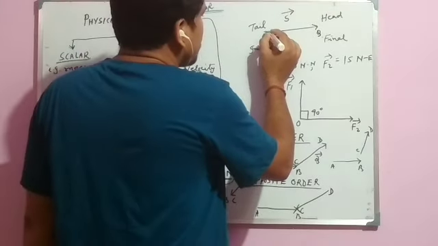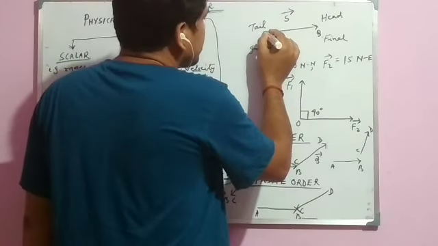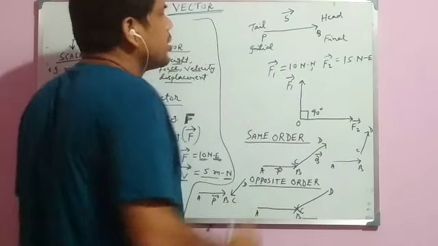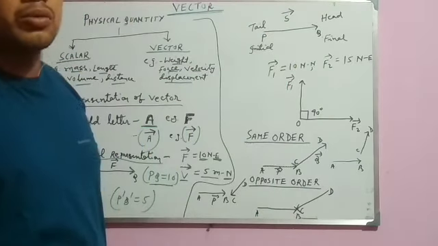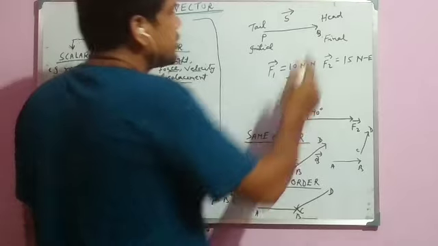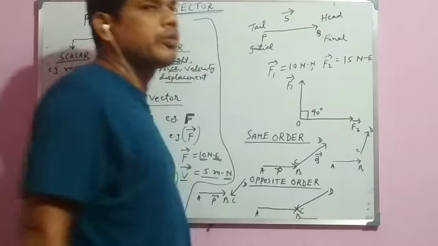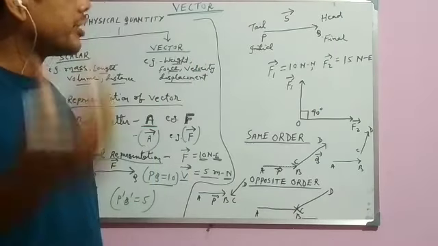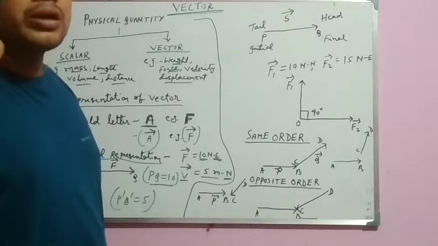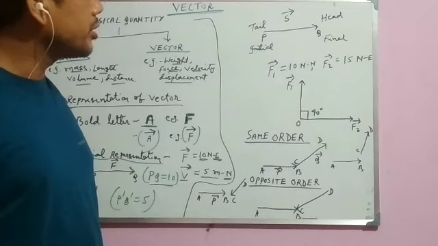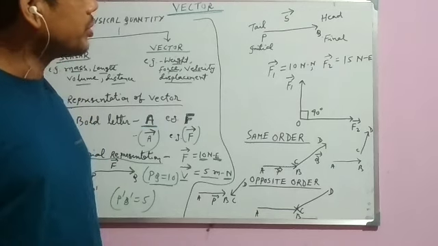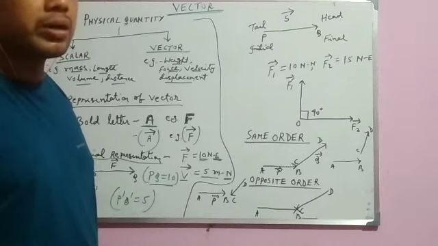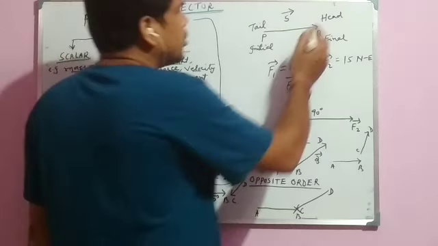Now this point, this P point, is called the tail point or initial point, and this point Q is called the head point or final point, or you can say end point, or tip point.